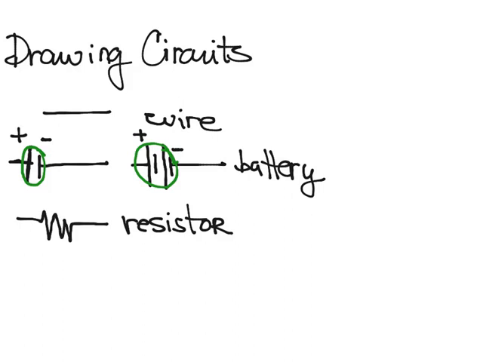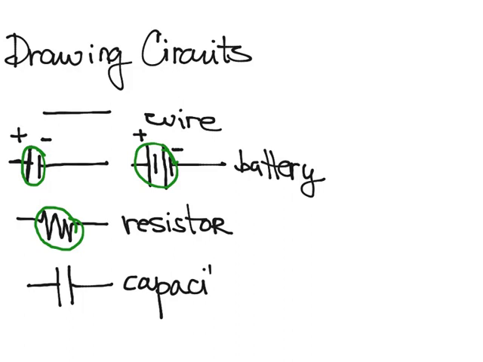And again, the green part I'm circling right now is the resistor, and then the two horizontal lines coming out are just wires. And the last circuit element that we're going to talk about later, and just briefly, is called a capacitor. And for now, I'm going to say it kind of acts like a timer in your circuit.